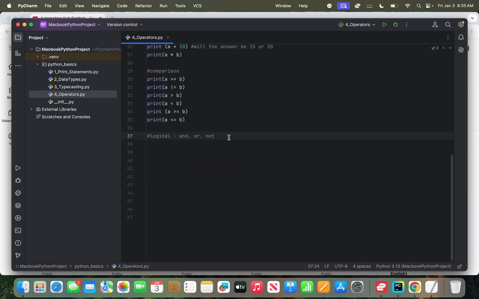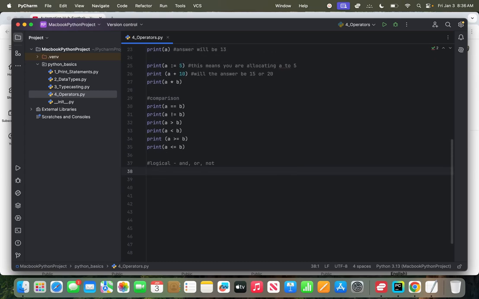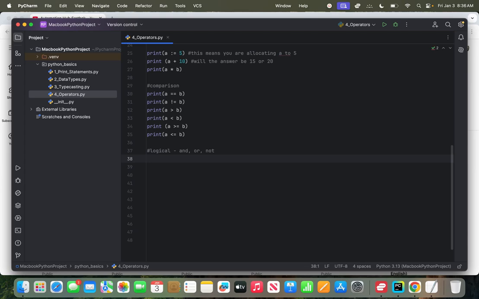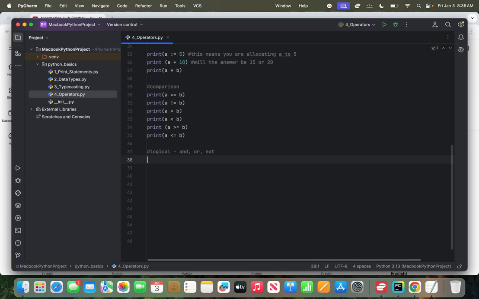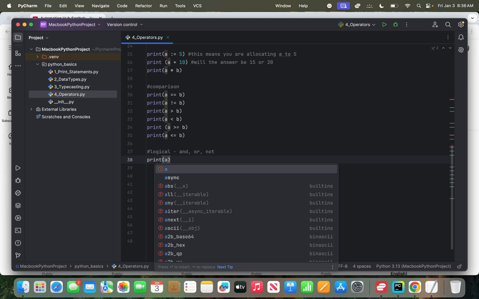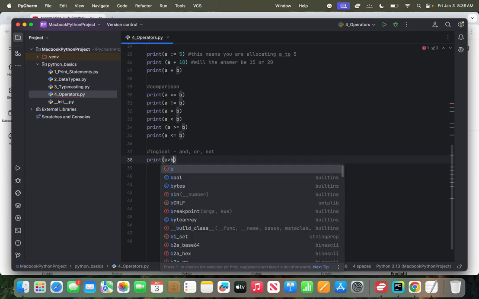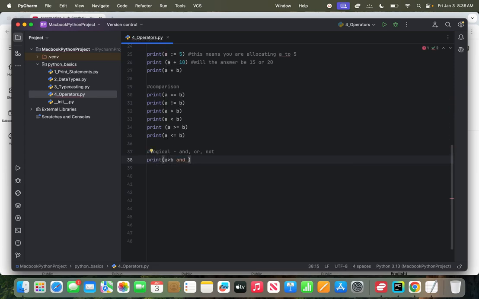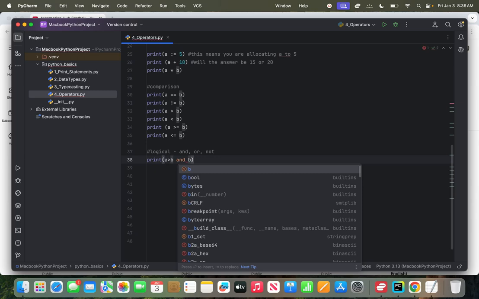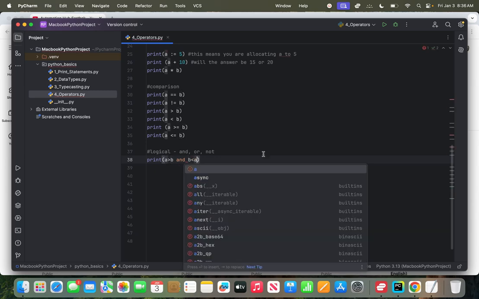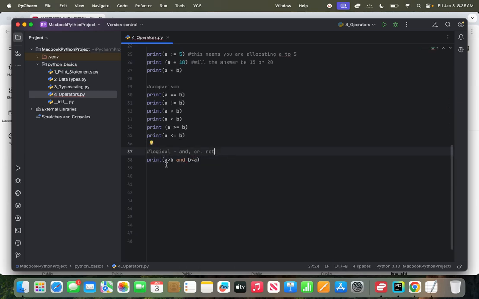Okay, so now we know that A is equals to 5 and B equals to 3. So if you do something like print A is greater than B and B is less than A. So this is true, right? 5 is greater than 3, correct? 3 is less than 5, correct?